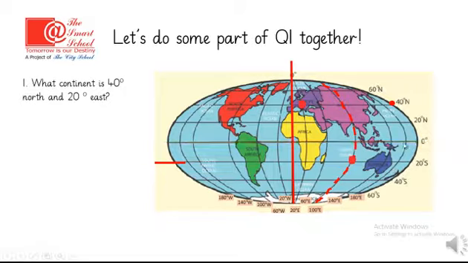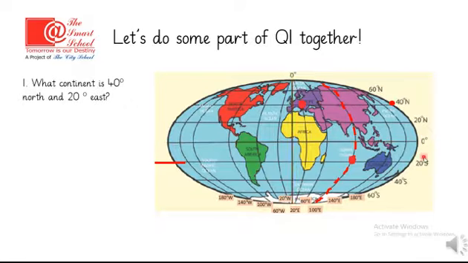So this is 0 degree latitude. This is the equator, line of equator. And when we are going to find the longitude line, then we will see this 0 degree longitude line, that is the prime meridian, right?